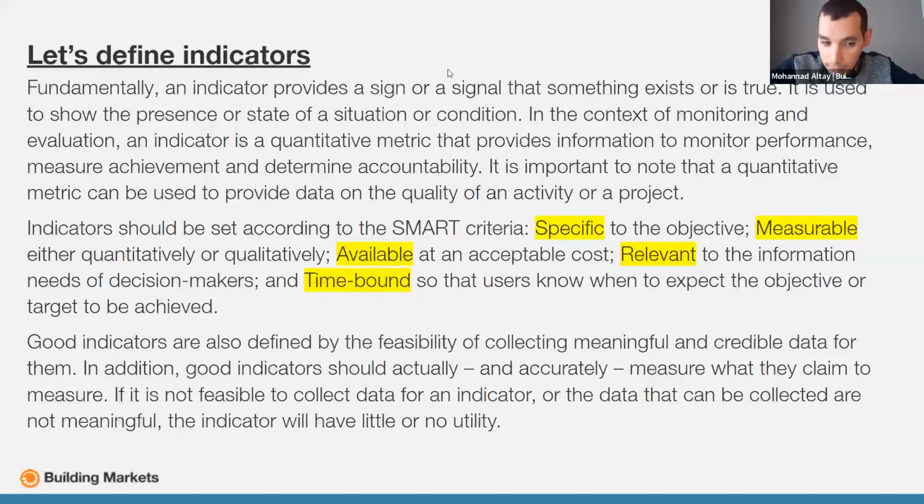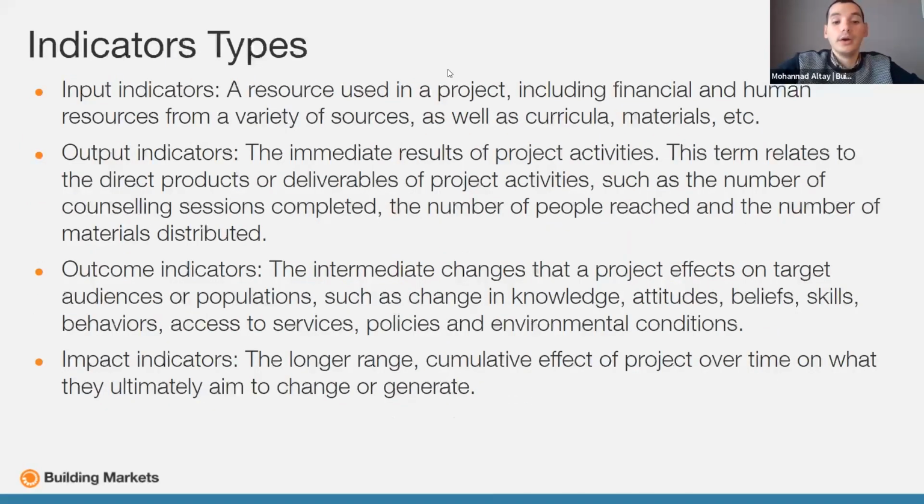In addition, good indicators should accurately measure what they claim to measure. They should clearly explain how a specific outcome or result was measured. And we will explore this in more detail in the slides coming up.